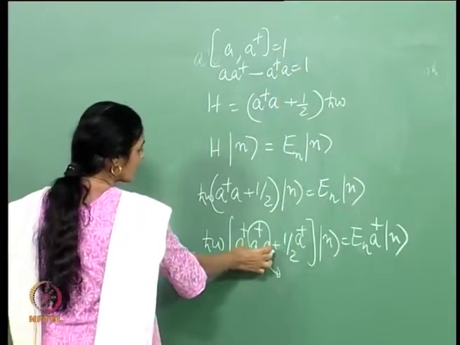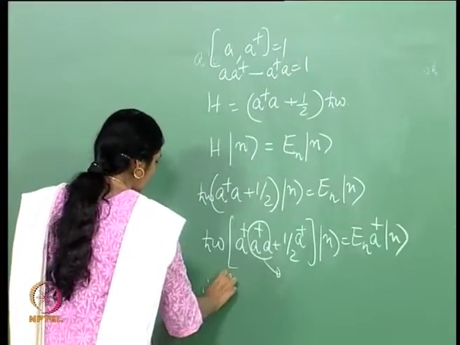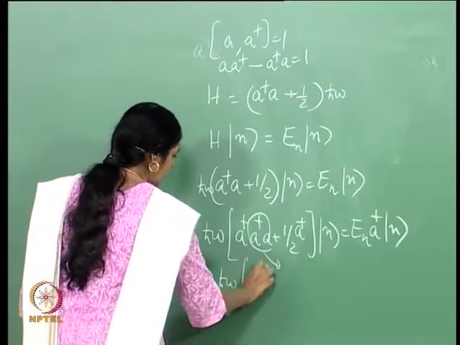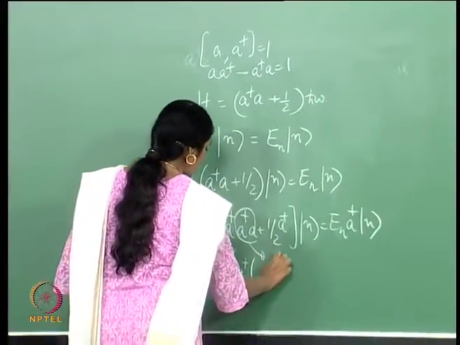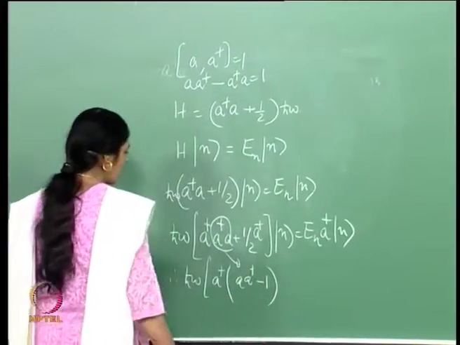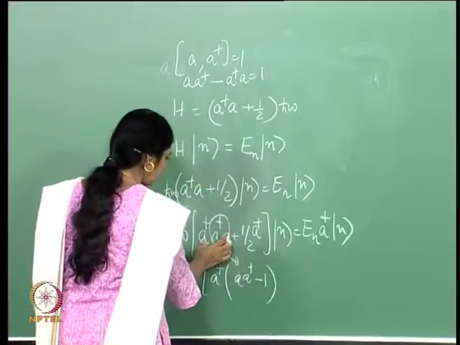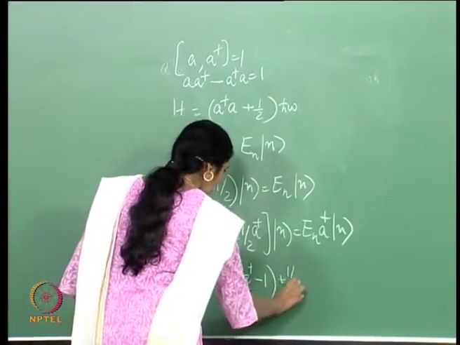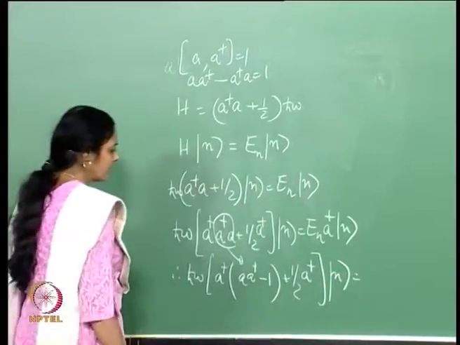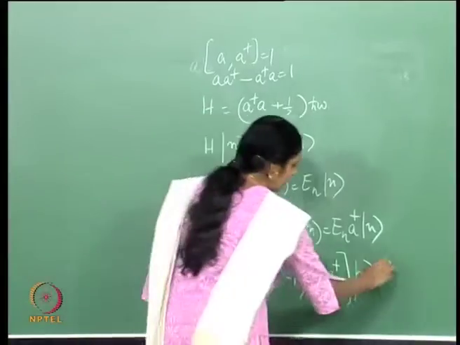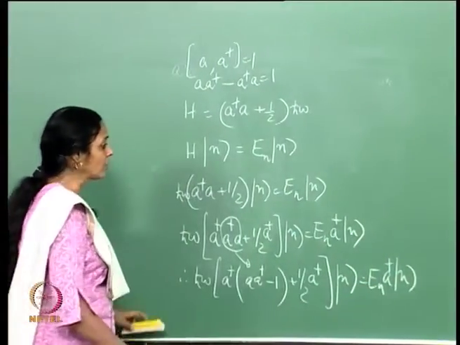So, I can recast A A dagger in terms of A dagger. Therefore, I have h cross omega A dagger times A dagger A minus 1. That is the first term, plus half A dagger acting on ket n, that is the left hand side, is E sub n A dagger acting on ket n.